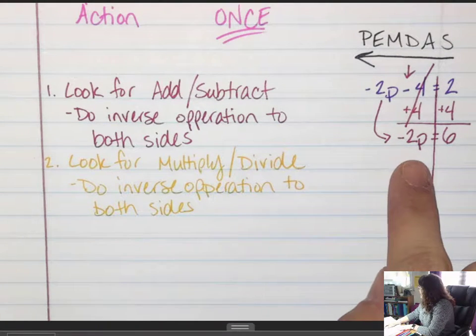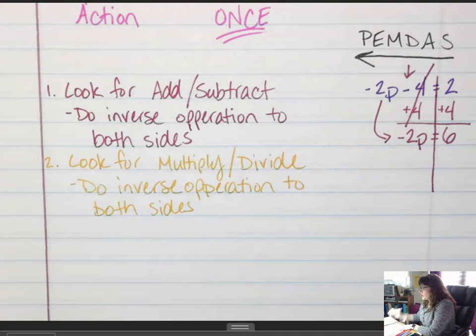On the left side, what did they do to the variable? What is the operation between this number and this variable? This is multiplication. What is the inverse or opposite of multiply?